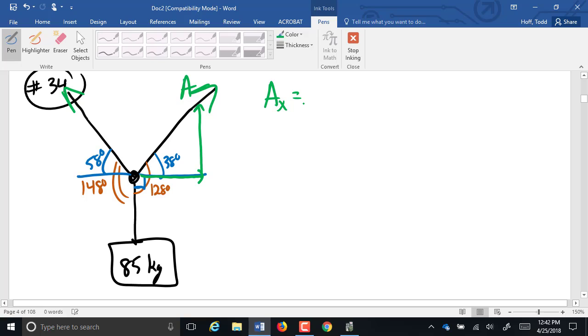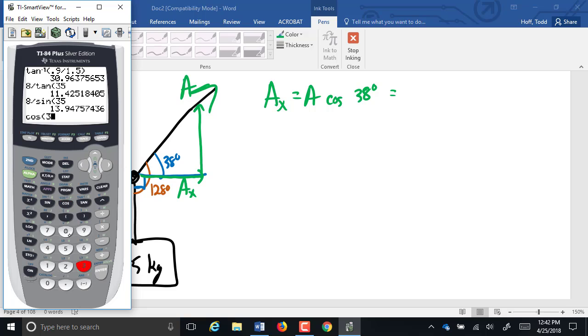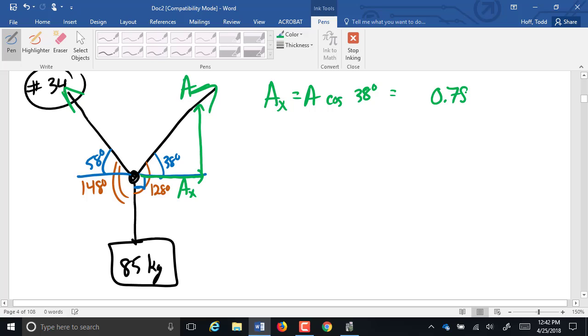The horizontal component of cable A, which is this piece here, is going to be A times the cosine of 38 degrees. Cosine of 38 is 0.788. So that is 0.788A. That is my horizontal.